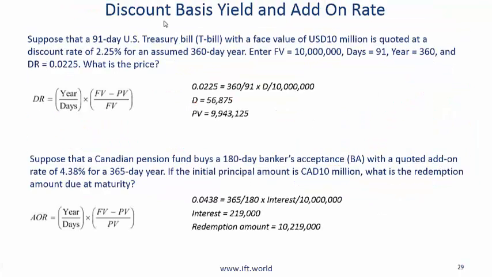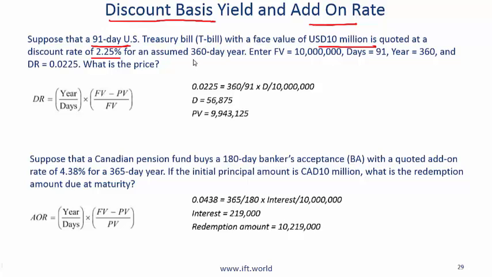It is important to understand the distinction between discount basis and add-on, and we'll just do a couple of quick calculations. Suppose that a 91-day T-bill with a face value of 10 million is quoted at a discount rate of 2.25%. Now remember, a T-bill is quoted on a discount basis.